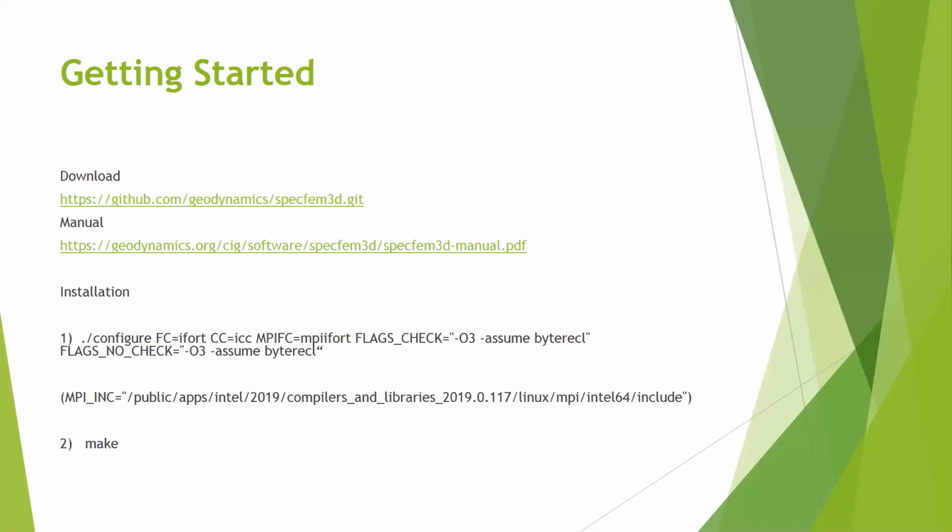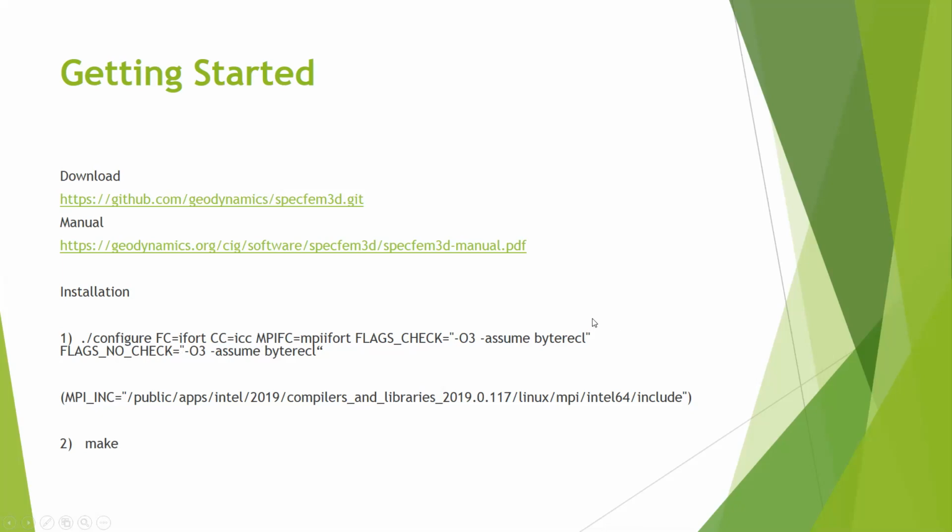Here, there are two links you can use to download the code, and you can also find more details from the manual of this program. If you want to install the code on your computer, here are two steps. You need to run two commands in the terminal window. This is the first command, and because I installed this program on the HPC of our university, the compilers I used are the Intel compilers ifort and icc.